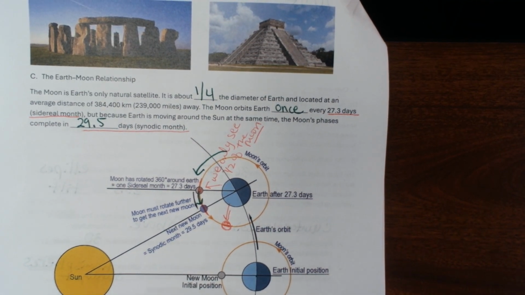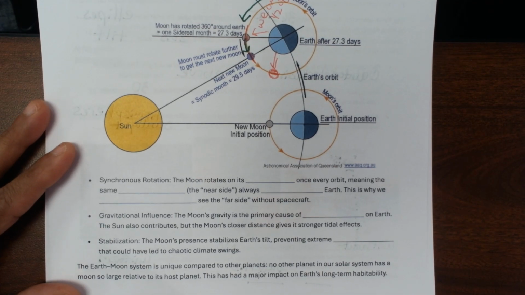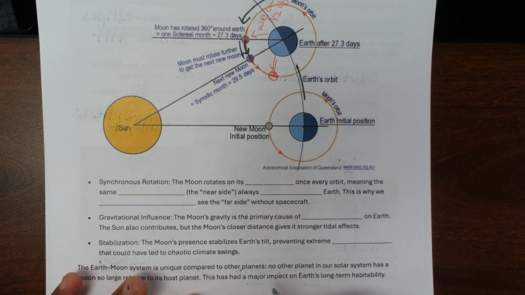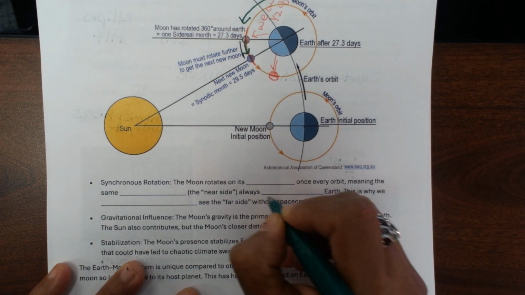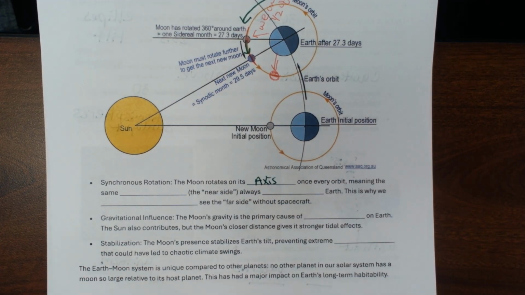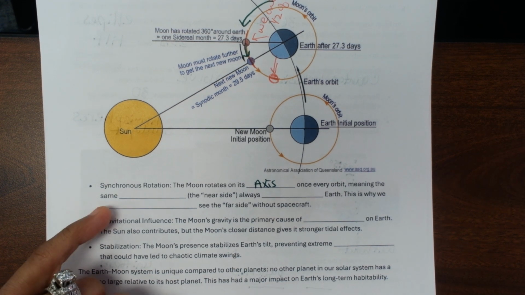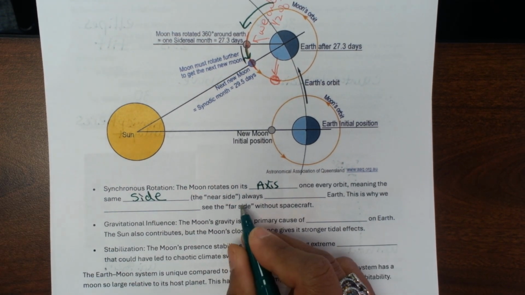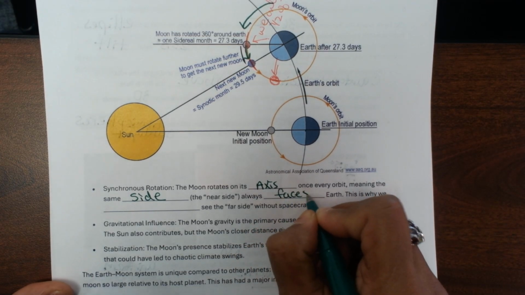No, super good question, actually. Let me come back over here. So, synchronous rotation. Synchronous rotation is the moon rotates, it says here, on its axis once every orbit, meaning that the same side, or the near side, always faces Earth.